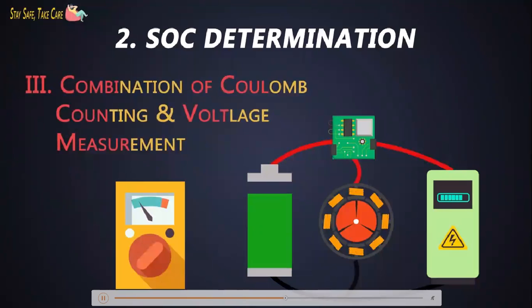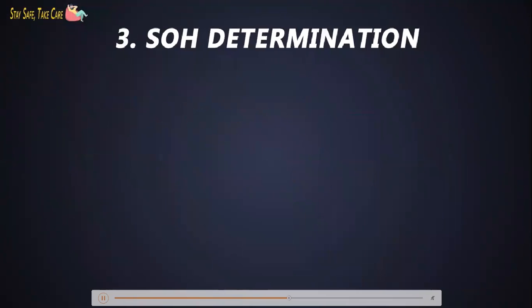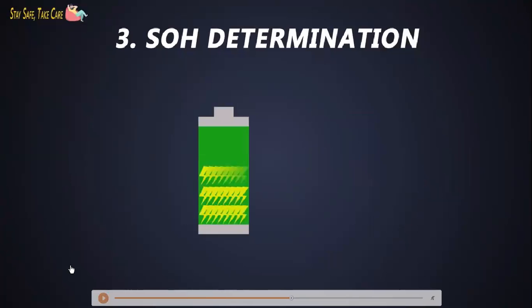The third one is the combination of Coulomb counting and voltage measurement, in which we approach both methods. The next one comes the SOH determination.